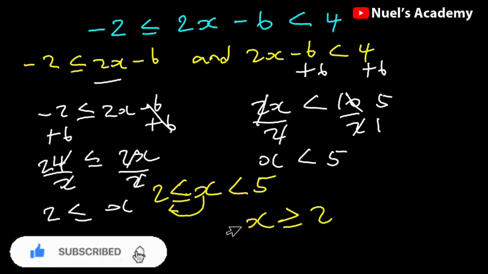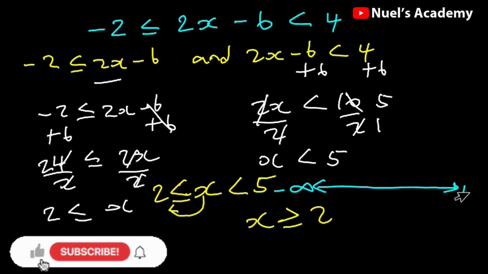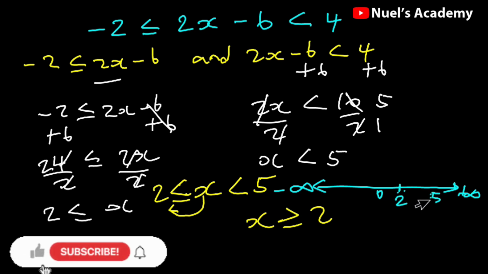If you represent this answer on a number line, this is negative infinity and then this is positive infinity. This is 0. We have 2 and 5. So x is greater than or equal to 2. Let's assume that this here is our 2 and then this is our 5.